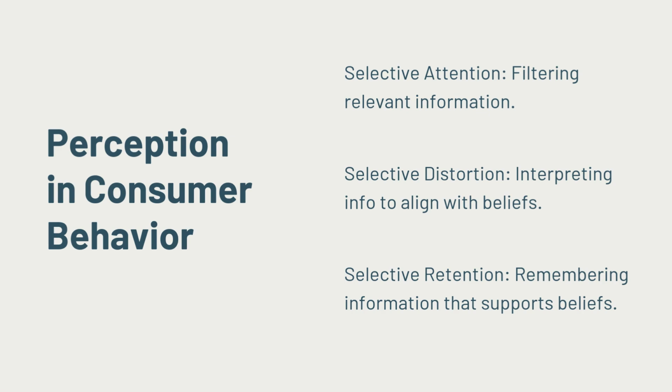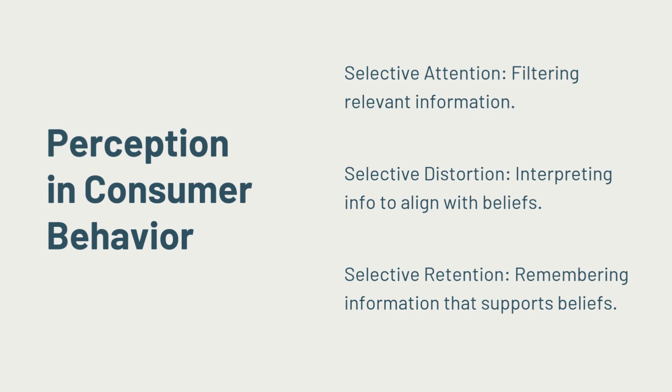There are three key perceptual processes that are important in marketing. The first one is selective attention, and this refers to the process by which consumers filter the vast amount of information they are exposed to on a daily basis.